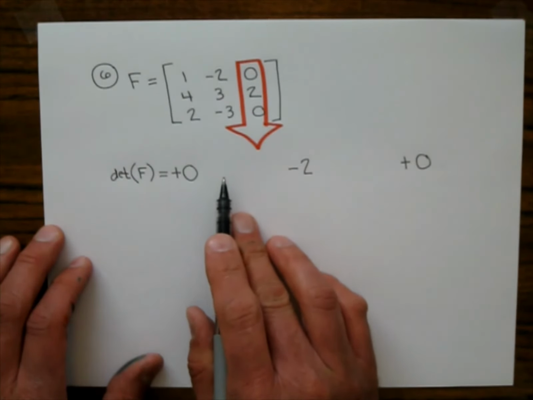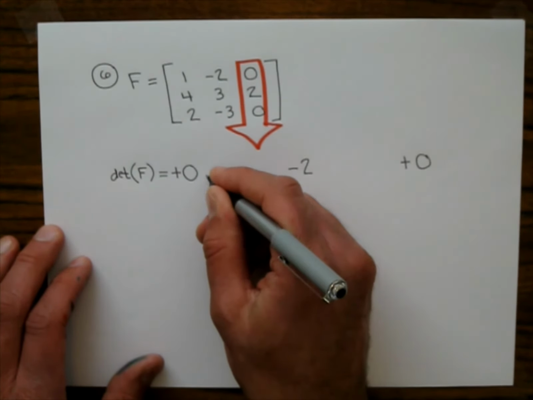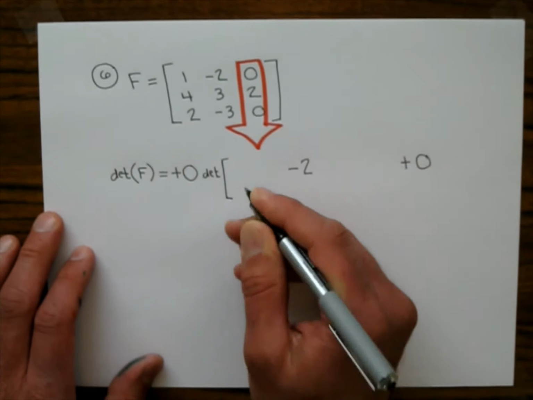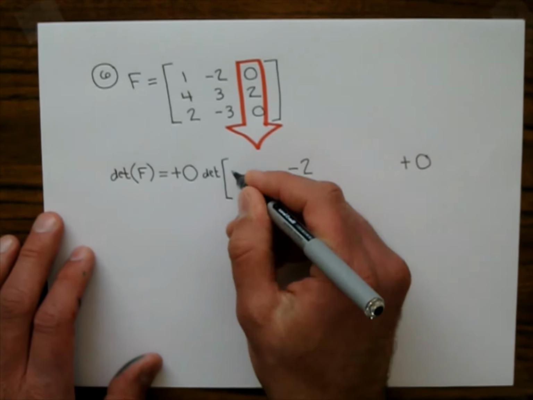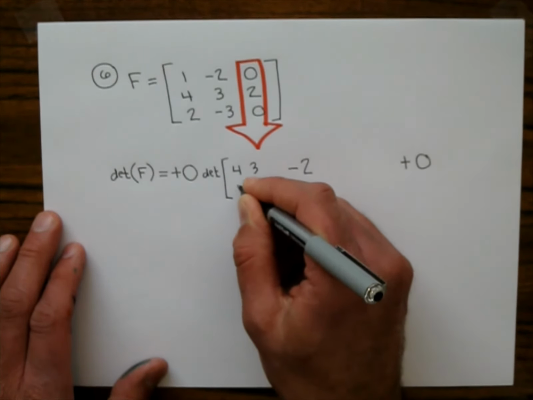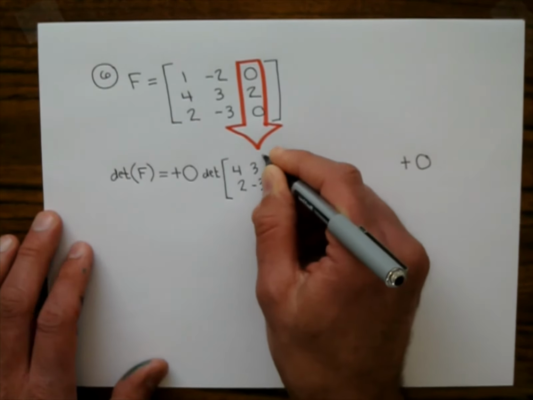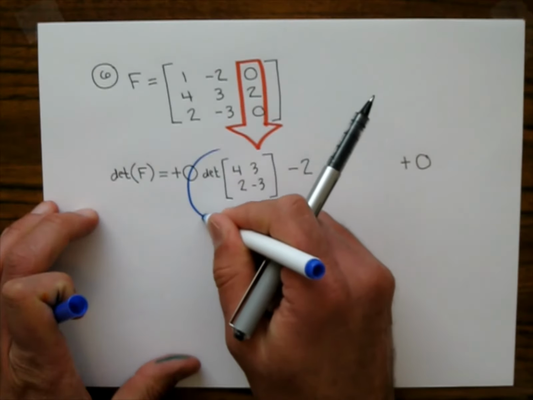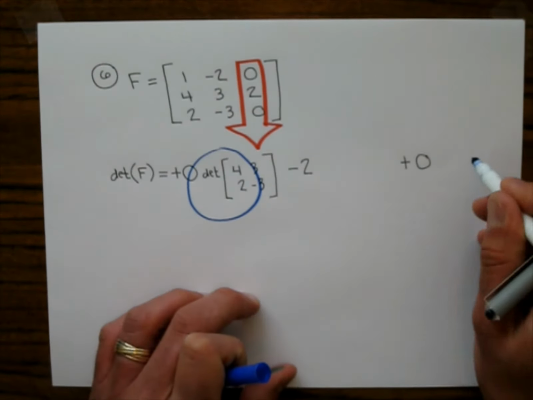Now, when I go to compute the determinant of this submatrix here, a submatrix is just part of a matrix, 4, 3, 2, -3, it doesn't even really matter. I've kind of wasted my time writing that because this right here is just 0, and so will this be.